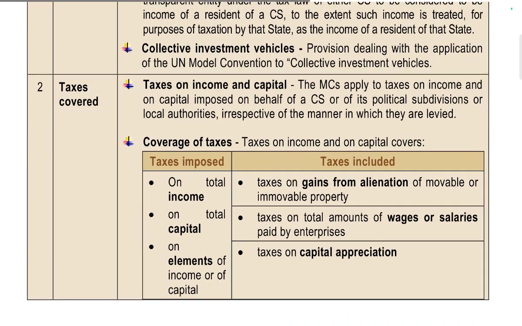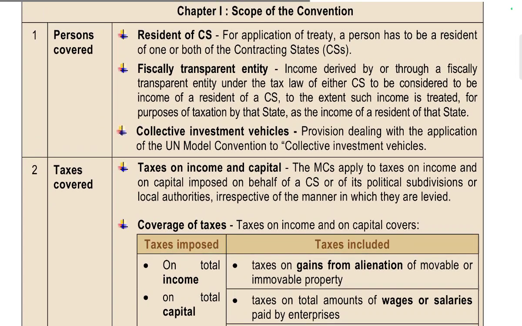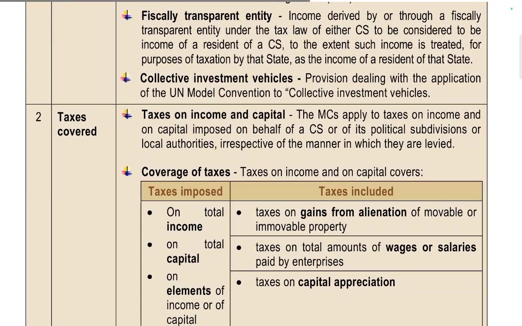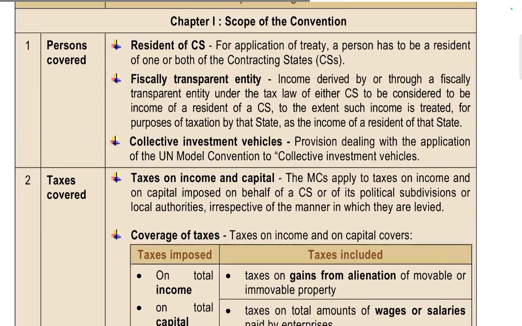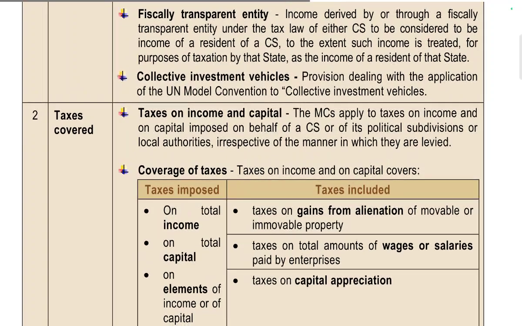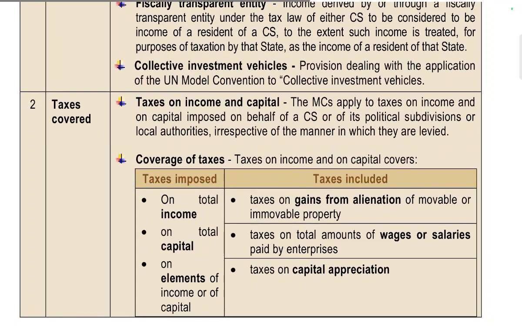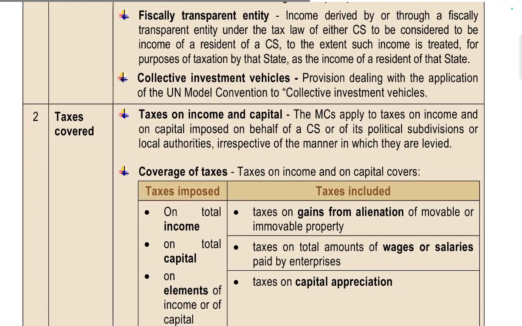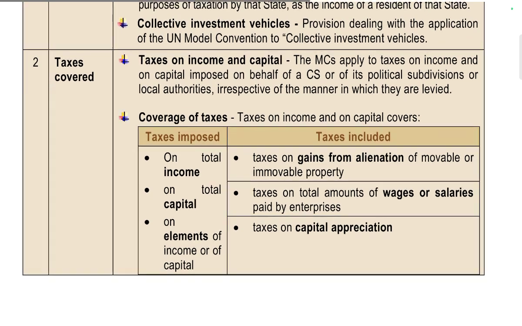Tax coverage. Taxes on income and capital. The MC applies to taxes on income and capital imposed on behalf of the contracting states, or of their political subdivisions or local authorities, irrespective of the manner in which they are levied.